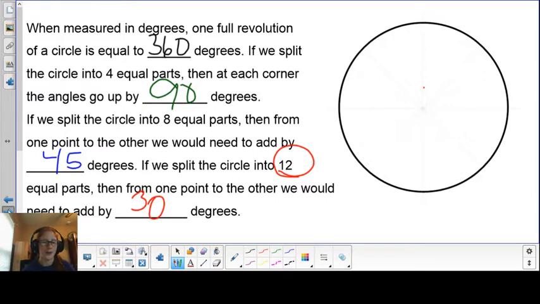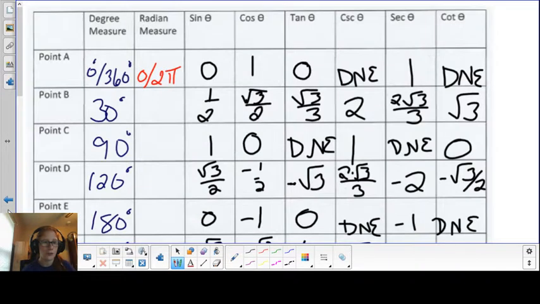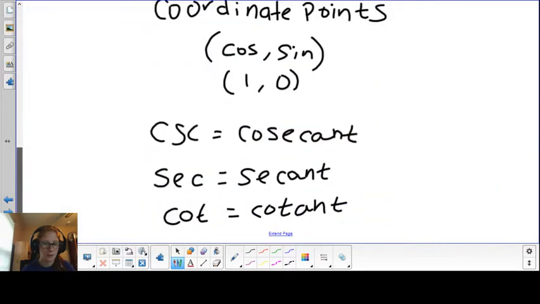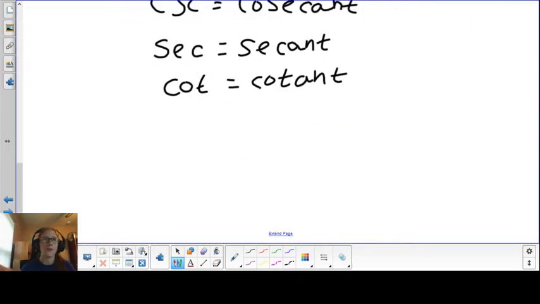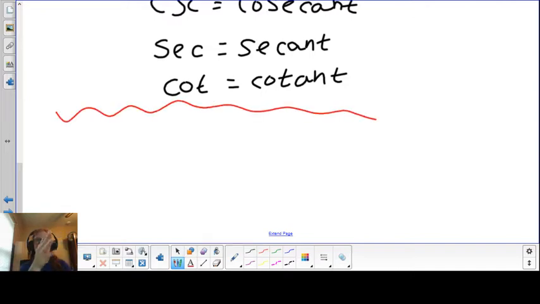We split it into 12. So to determine a piece, I guess I didn't write off to one side like I was planning to. Make columns on yours. It's a little bit easier. I'll try and do that when I do it on the board. For point B, that was a 30-degree angle. We split it into 12 pieces.